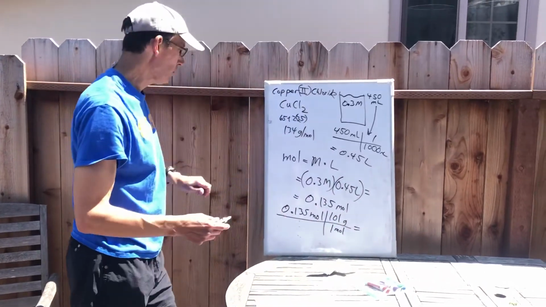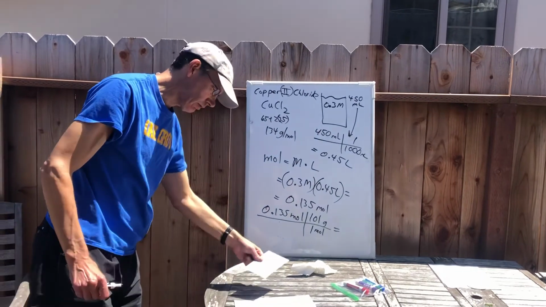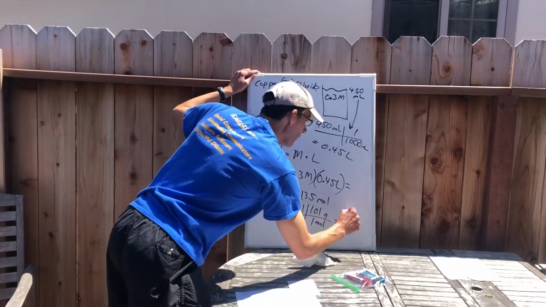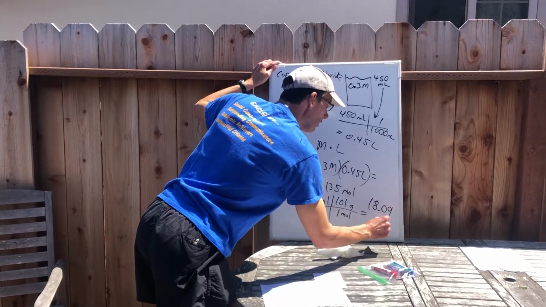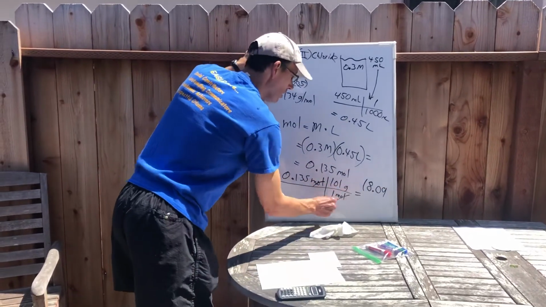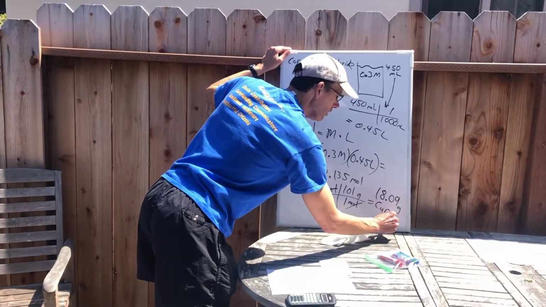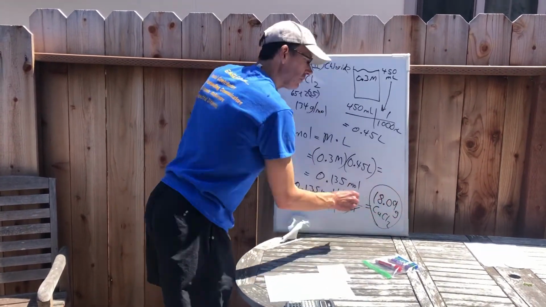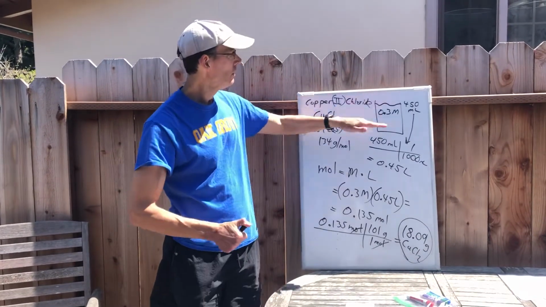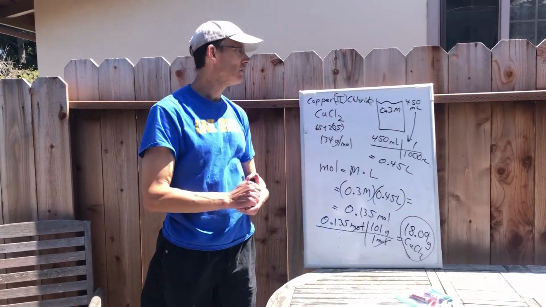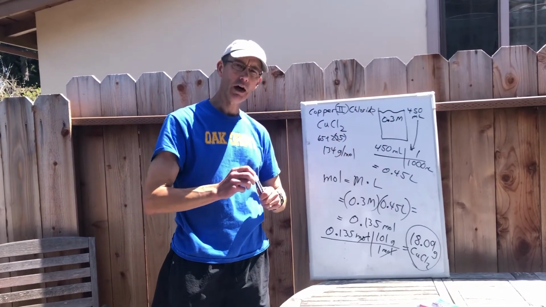We're going to go 0.135 times 101 equals 18.09 grams of copper chloride, blue stuff that you would need to weigh out to make this solution. And you would put that in, fill up your beaker to 450 milliliters, and you would have the solution needed for our lab that we did about 9 months ago.